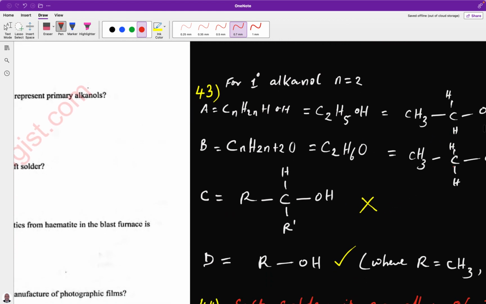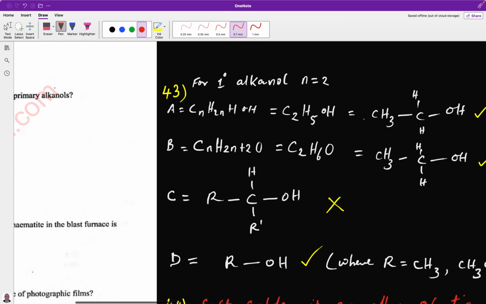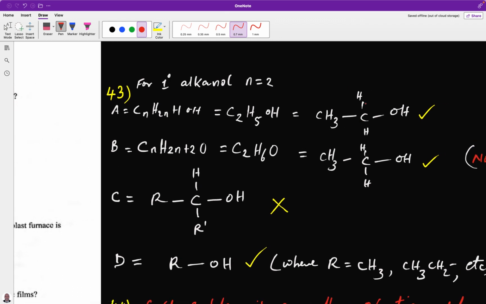Here, for a primary alkanol, the n must be 2 and above. It must start from 2. So A, using the formula we were given, if we substitute n as 2, we will have C2H5OH. That is ethanol. Why is this a primary alcohol?